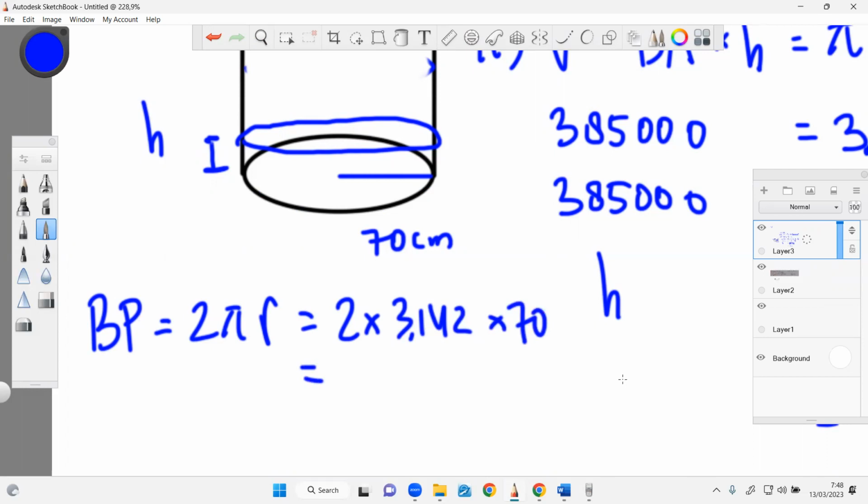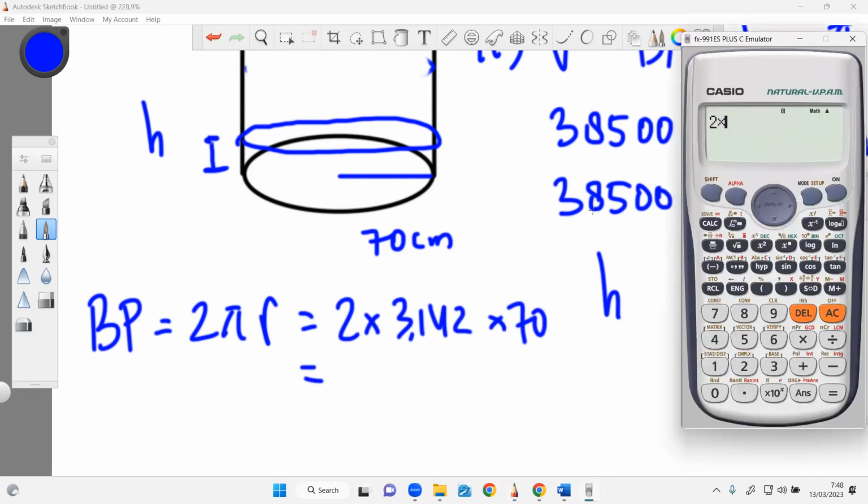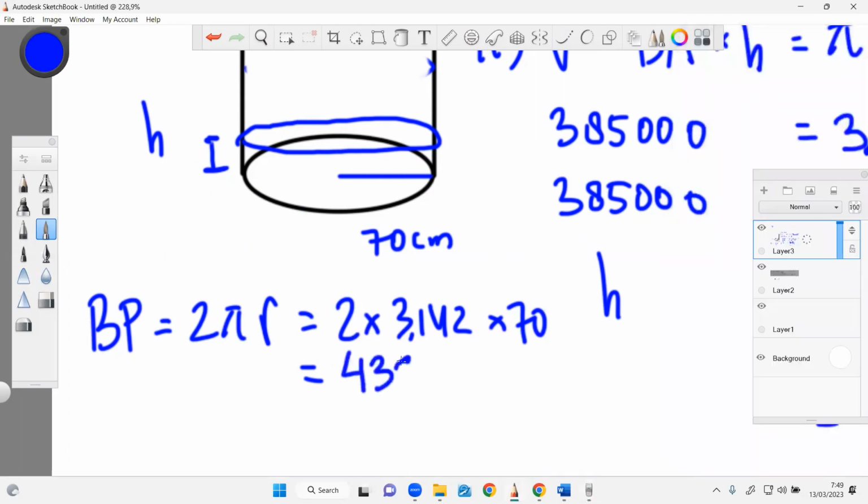That's the first thing first, remember, as always. 439.88, rounded to 3 significant figures, 440 is better.